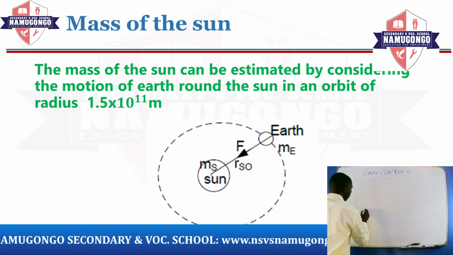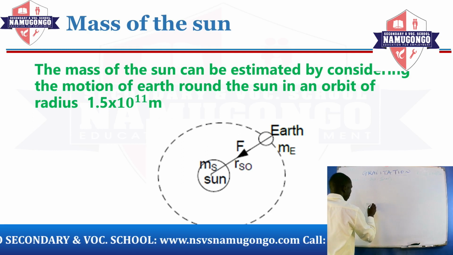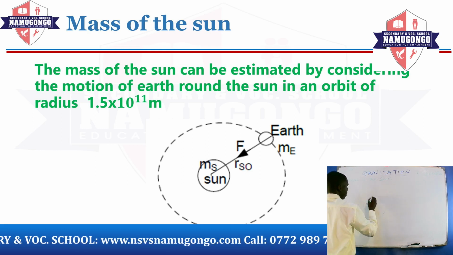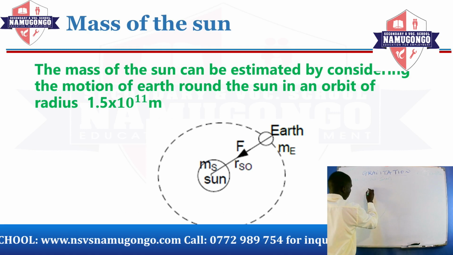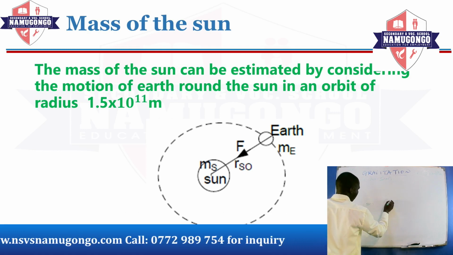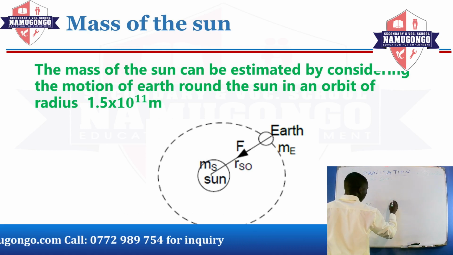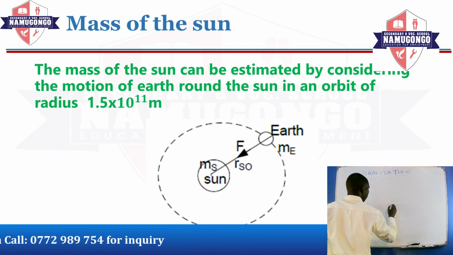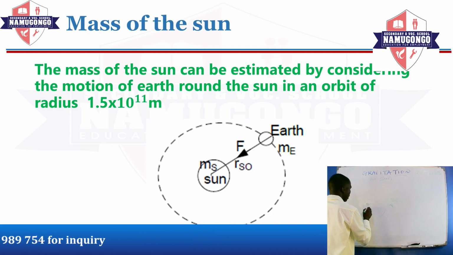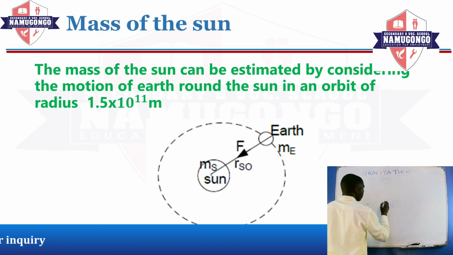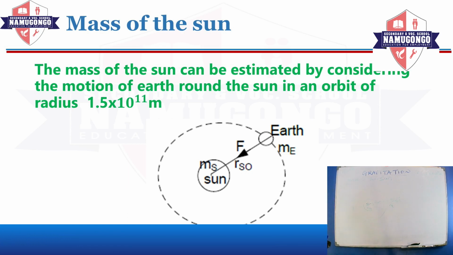So if this is the sun and this is the earth, I have the earth of mass ME, and this is the sun of mass MS. We shall also have the force of attraction between the earth and the sun.